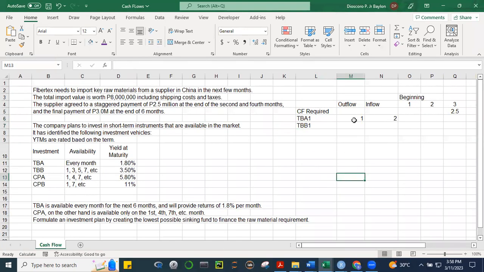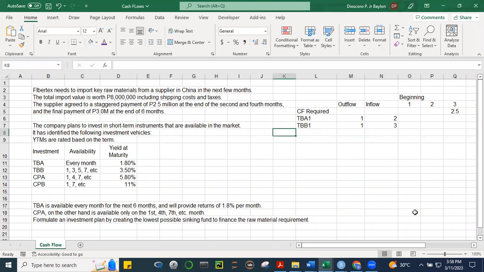Yes, we can. Okay, when will be the outflow? Month 1. When will be the inflow? 3. Correct. So I think you now understand. We are mapping when we're going to put out the money and when we're going to get the money. All right.